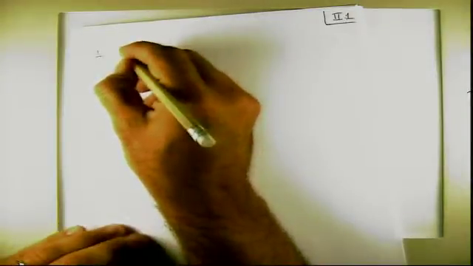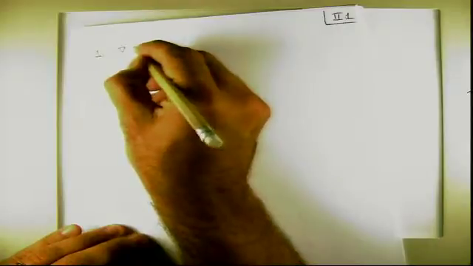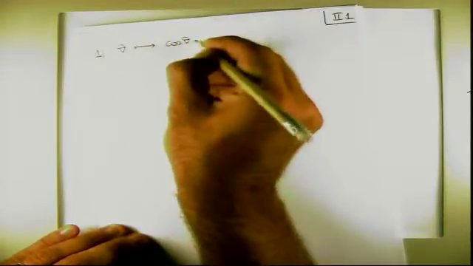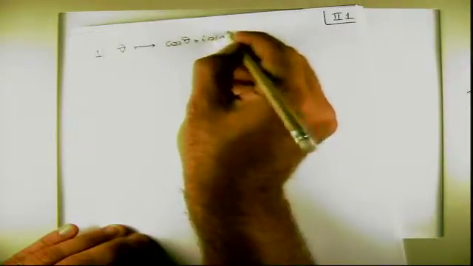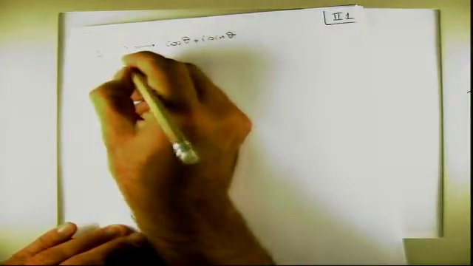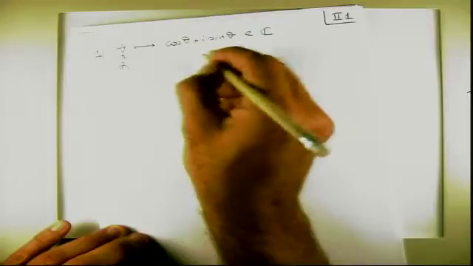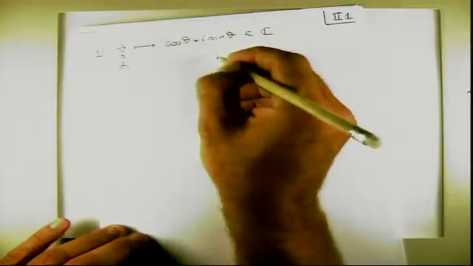We had the argument theta. We associate to theta the number cos theta plus i sin theta. So theta is a real number, and this is a complex number, and the modulus of this complex number is 1.